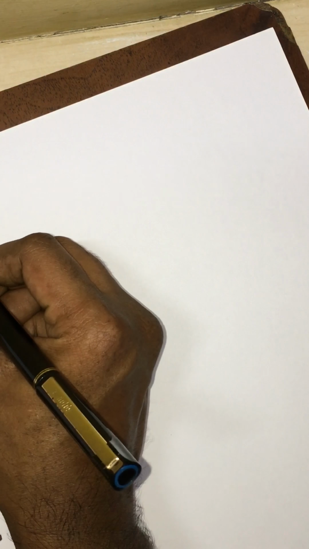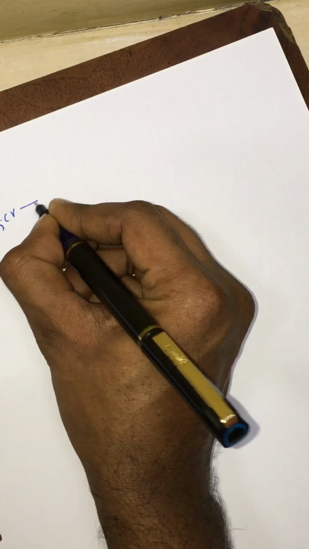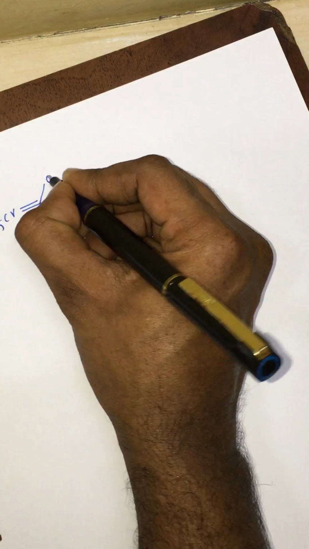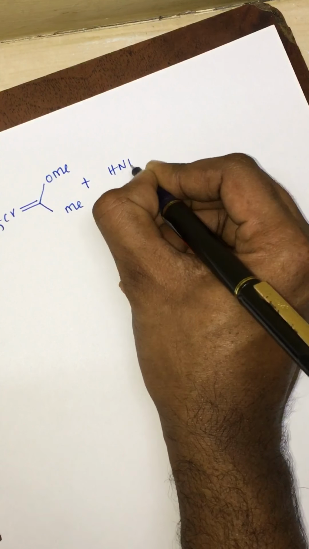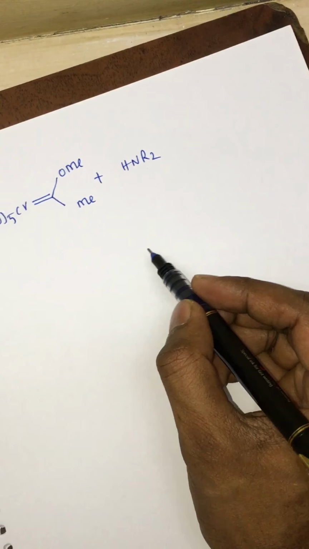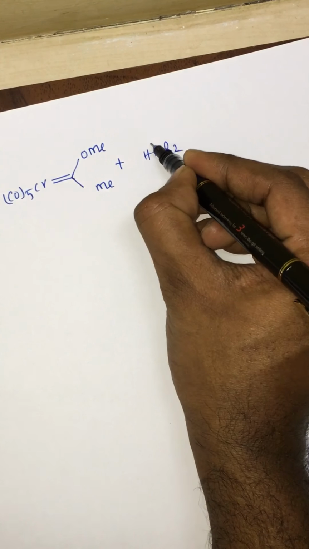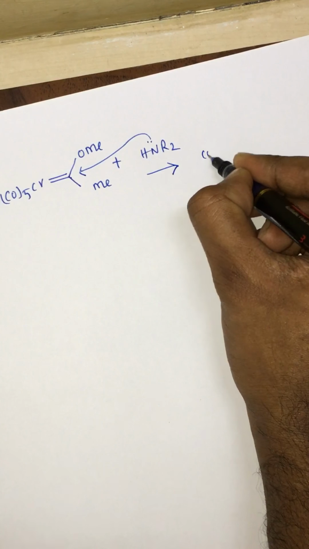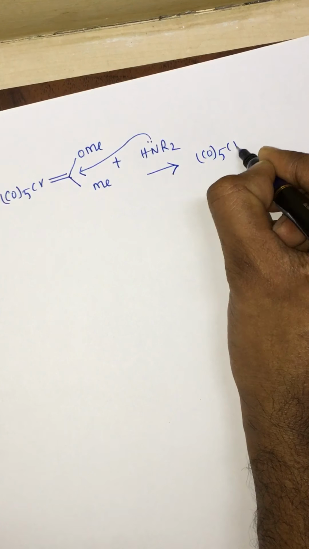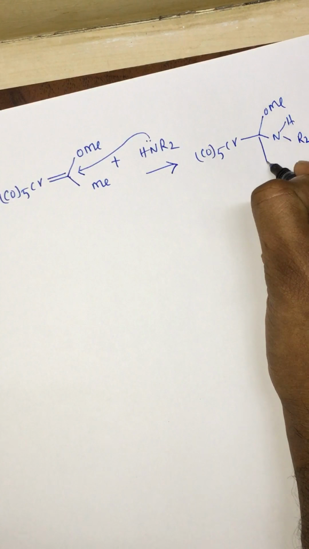First one is, we have CO5Cr double bond OMe Me plus NHR2. As we know that this carbon is electrophilic in nature, this lone pair goes and attacks this carbon, and it becomes CO5Cr OMe NHR2 and methyl.